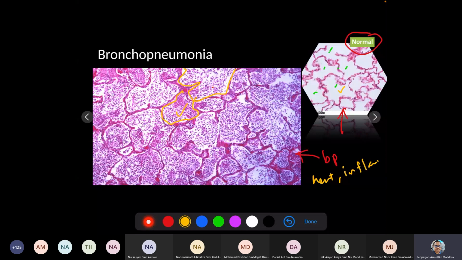You can also see here is one vessel, here is another vessel. These vessels are dilated and packed or filled with red blood cells. This is how congested vessels look. So you can see congestion there. You can see inflammatory cells within the alveolar spaces. So this is how a bronchopneumonia looks.